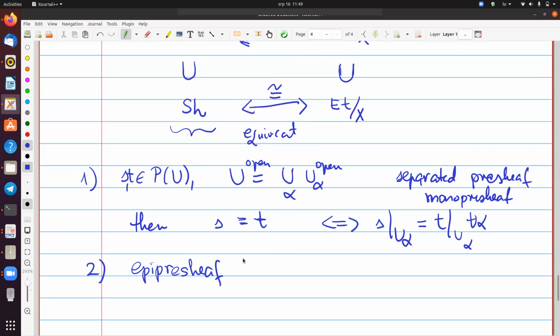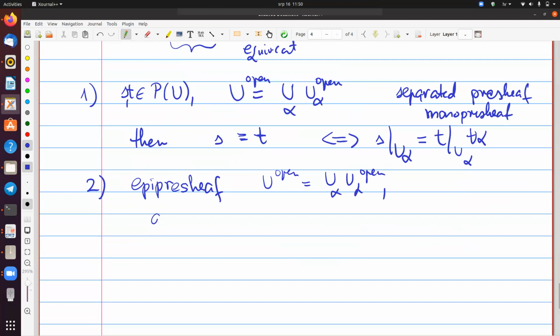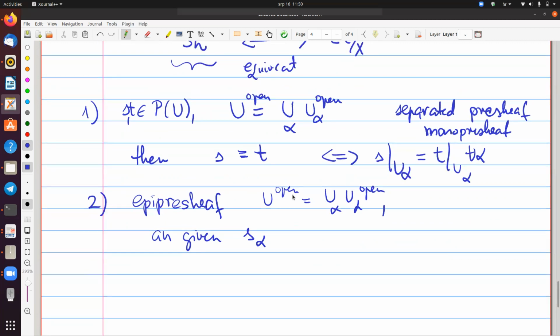So if, again, U open is union of U alpha open, and given family S alpha. So here we have S and T globally defined in the whole U, and then I look at their restrictions and compare them.